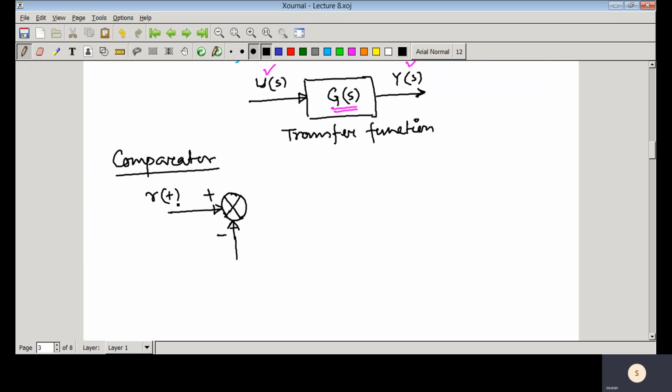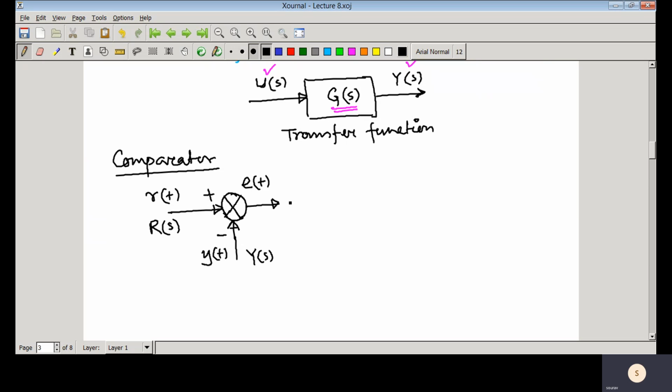and I am just writing it for both, that means in time domain as well as in Laplace domain, that means for linear as well as for non-linear. Just now we have seen, if it is a non-linear block or non-linear control system, in that case we need to represent it in time domain.